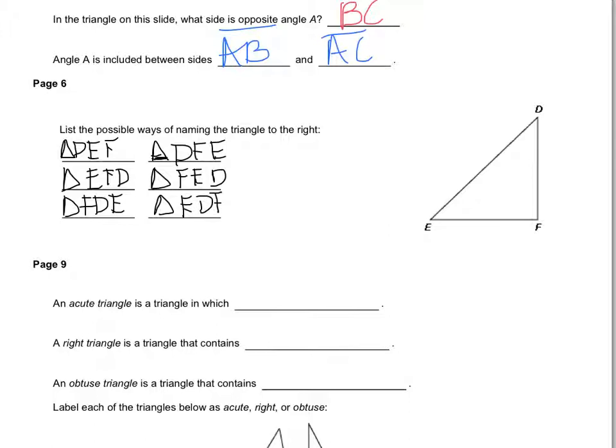Again, it does not matter which point you start at, and each of these has a different starting point and goes a different direction. So the first one, DEF, starts here and goes this direction. Our last one starts at point E and goes this direction. And that's just how you label them. You start somewhere and go one direction, and you list all your points.